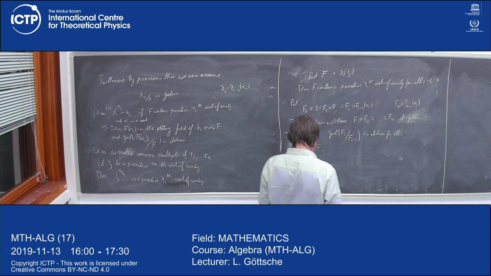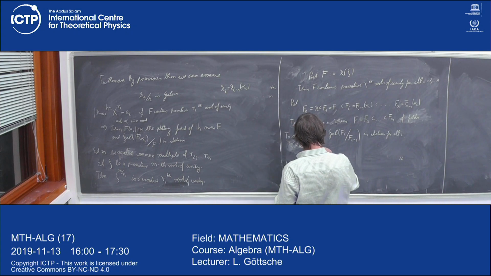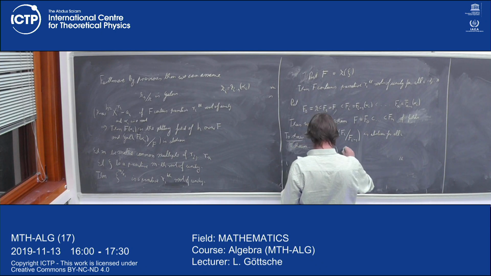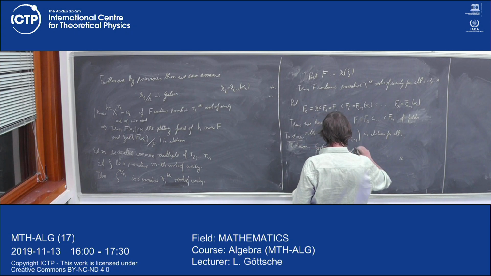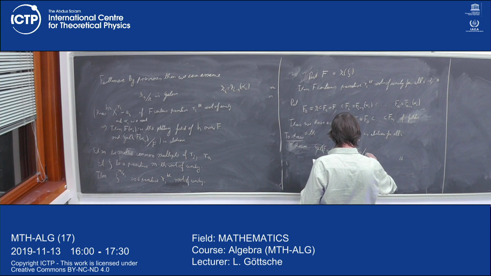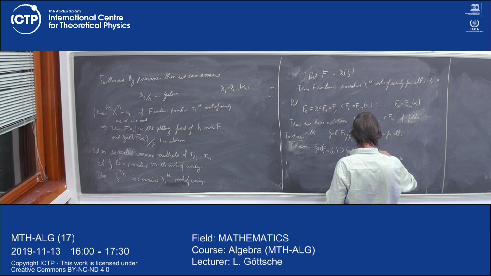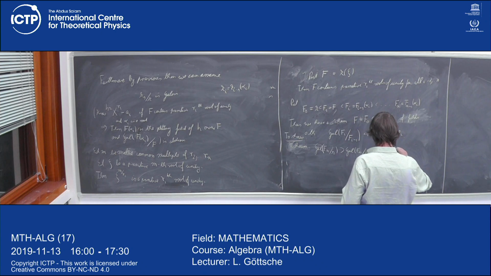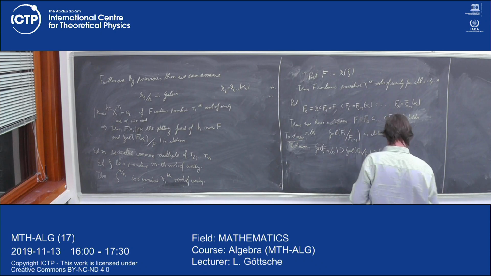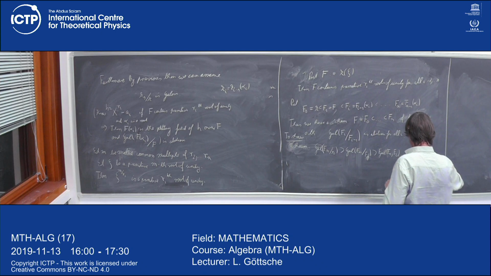If we look at this chain, the Galois group of F_n over K contains the Galois group of F_n over F_0 contains the one over F_1 contains the Galois group of F_n over F_2 and so on until the Galois group of F_n over F_n.